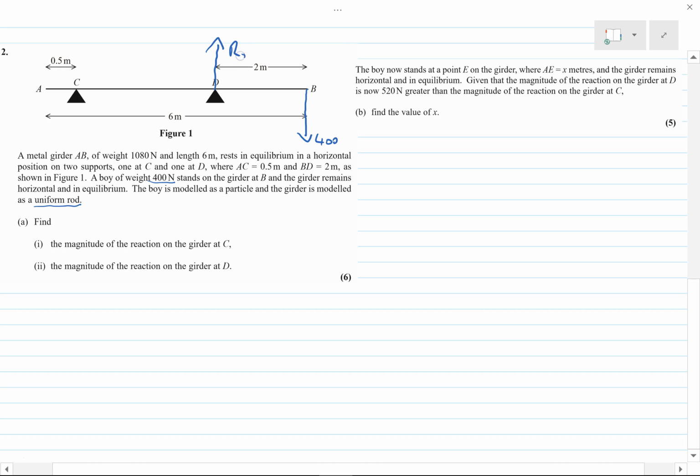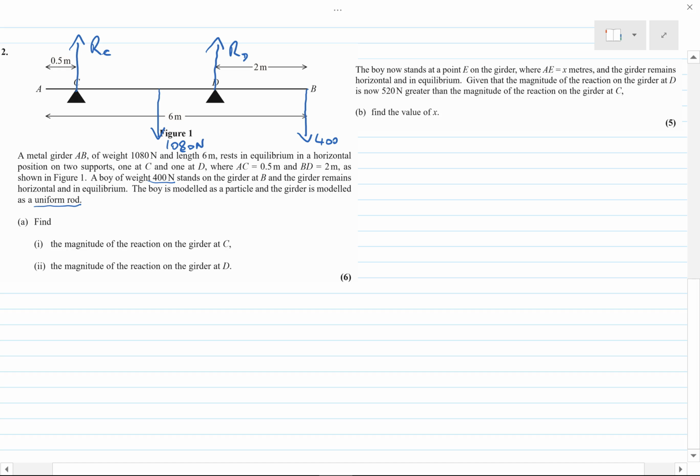That's RD and RC. And it's uniform, so we've got a weight acting in the middle there. It's 3 meters on either side, 1080 newtons.